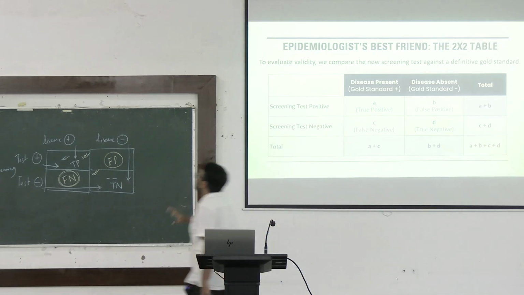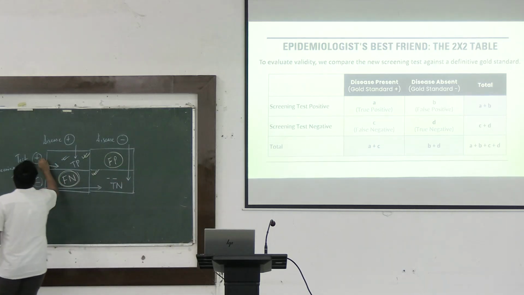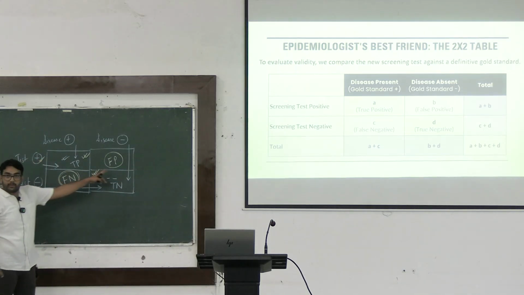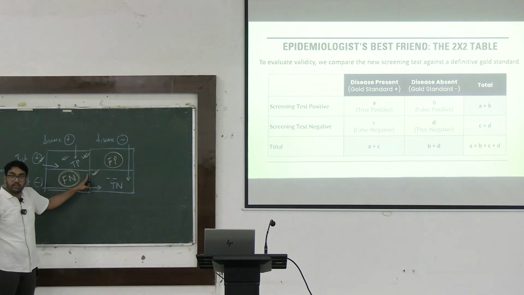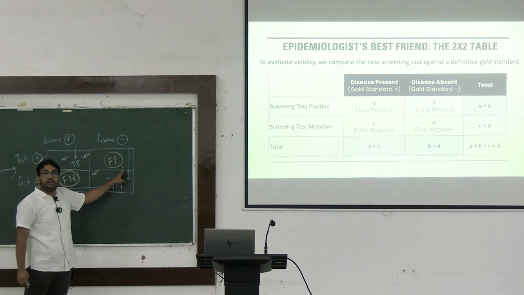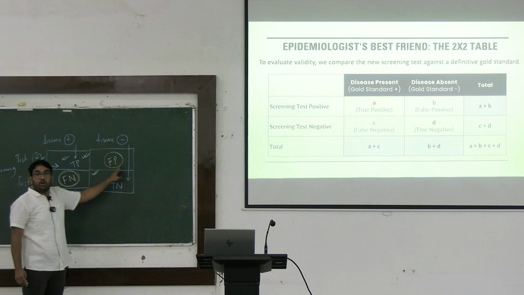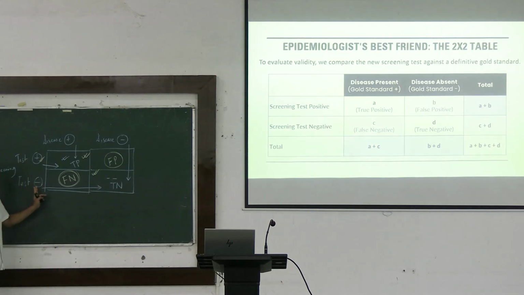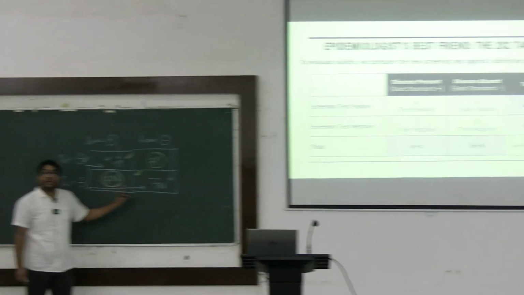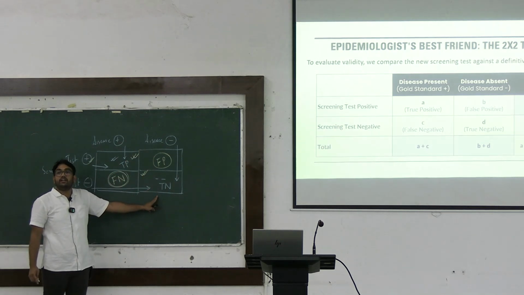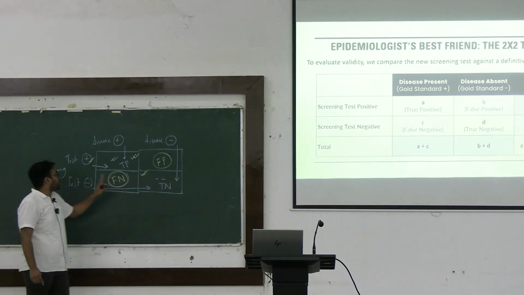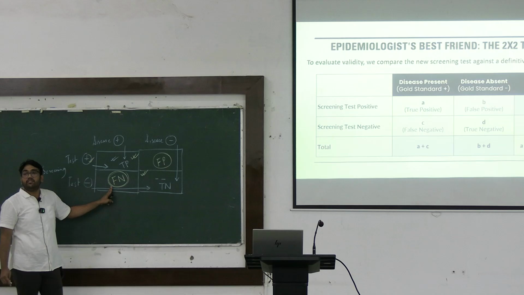So all people whom the screening test labels as positive are positive. If the gold standard agrees, they are true positive. If the gold standard does not agree, they are false positive. All people whom the screening test labels as negative are negatives. If the gold standard agrees that they are negative, then it is true negative. If the gold standard does not agree, then it is false negative.